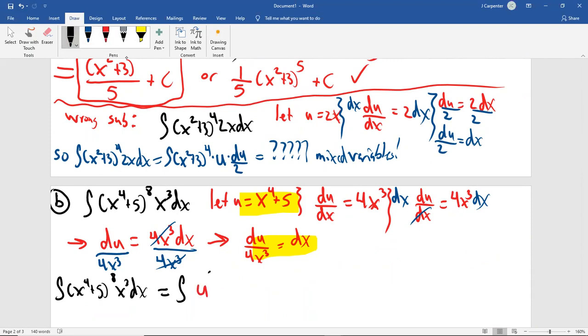But we leave the exponent of an 8 there. The x cubed after that is also going to stay. And you're like, oh, we're mixing variables here, but just hold on a second. Now the dx gets replaced. The dx is du over 4x cubed. So times du over 4x to the 3rd.